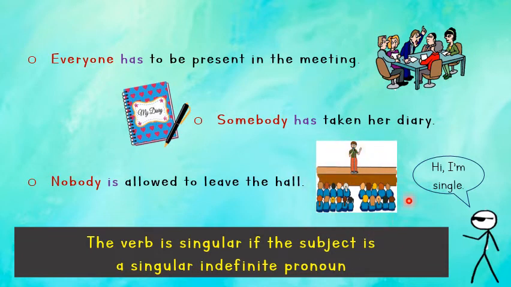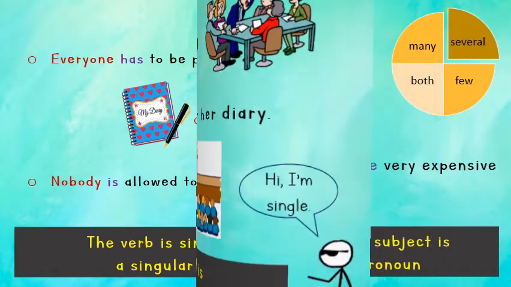Nobody is allowed to leave the hall. Dia tak cakap siapa yang tak boleh, tapi dia cakap tak ada siapa yang boleh. So kita tak tahu jumlah tu berapa. Betul tak? So that is meant by kata ganti tak tentu, singular indefinite pronoun.